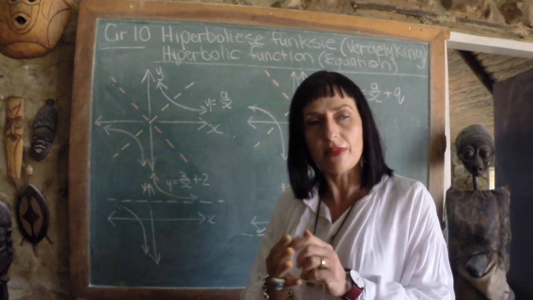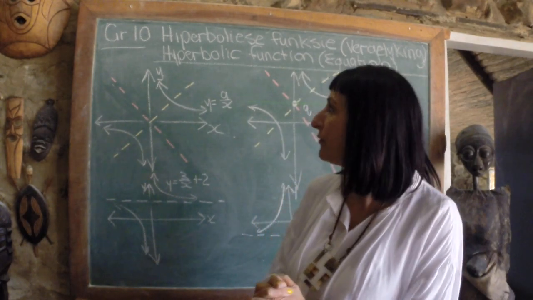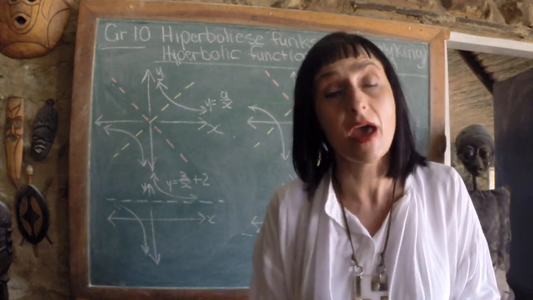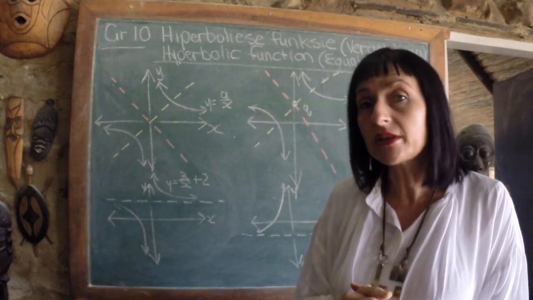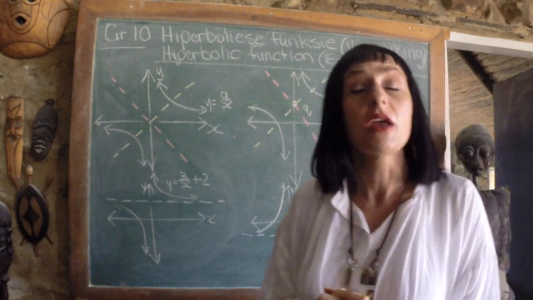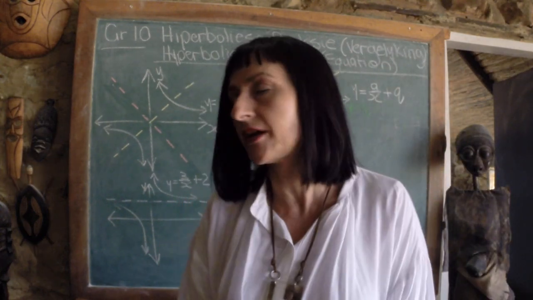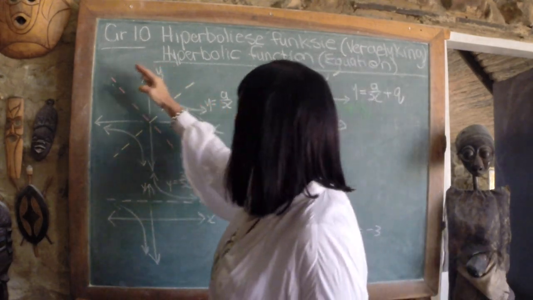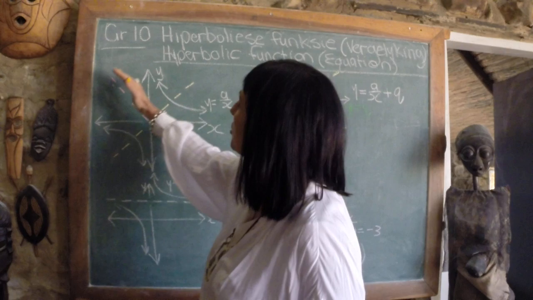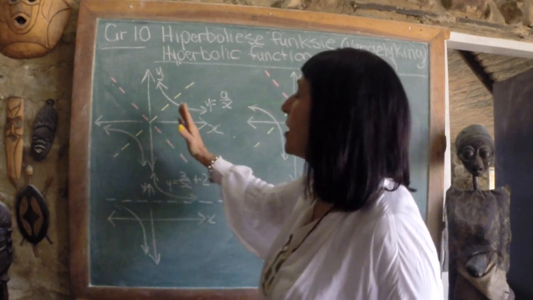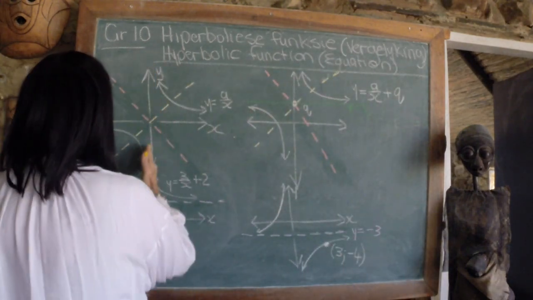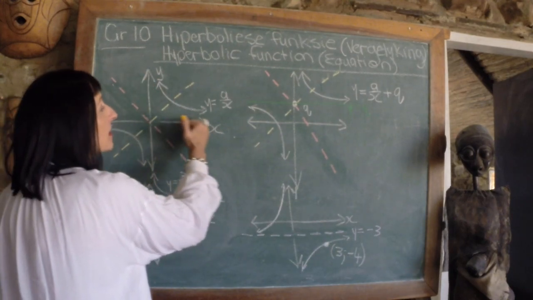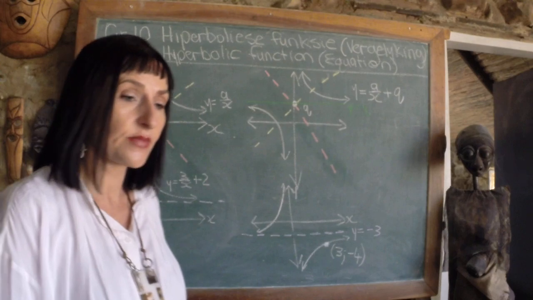Okay, if you can think back to your hyperbola function, then you know that the hyperbola's got two asymptotes. Nou asymptote is daardie lyne waar jou hyperbool nie gedefinieer is nie. So if you look at this mother function of a hyperbola, then we know that the y-axis is one of the asymptotes en die x-as is die ander asymptoot.